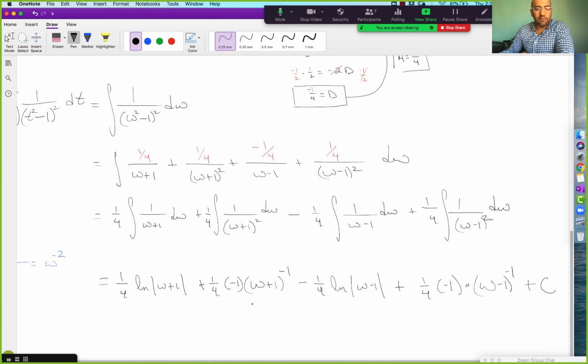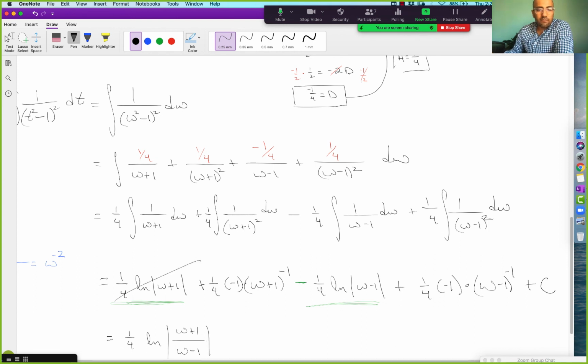So we can simplify this just a little bit. Combining these two, usually we like to combine this one and this one, keeping in mind that it's a subtraction and that there's a 1/4 constant. So I'm going to combine those into 1/4 ln of the absolute value of (w plus 1) divided by (w minus 1).